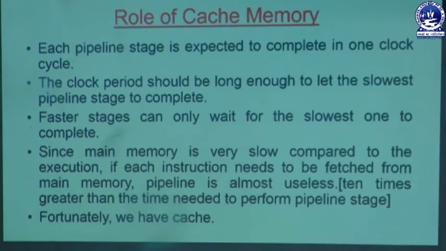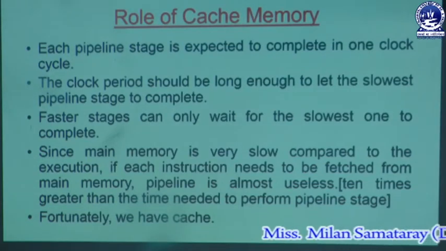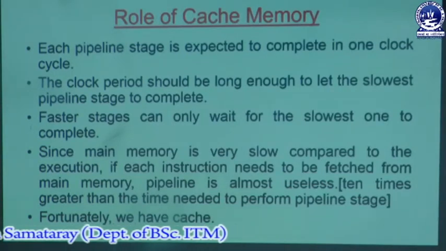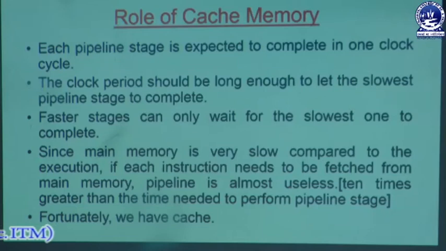So fortunately we have cache memory in our computer system, and the cache memory is present on the same chip on which the processor is placed, and we know that this pipeline technique is followed by the processor. As the cache memory is present in the processor, the time the processor needs to fetch the instruction will be reduced.